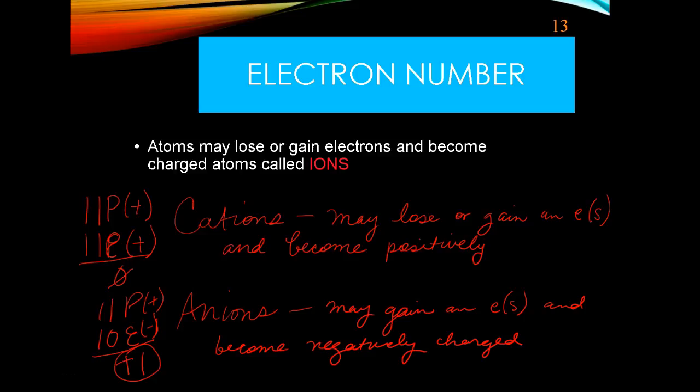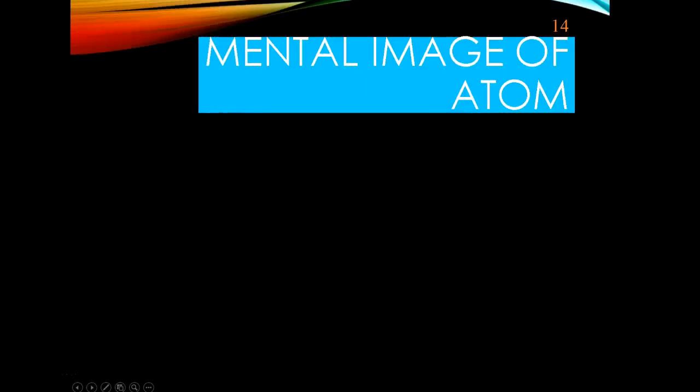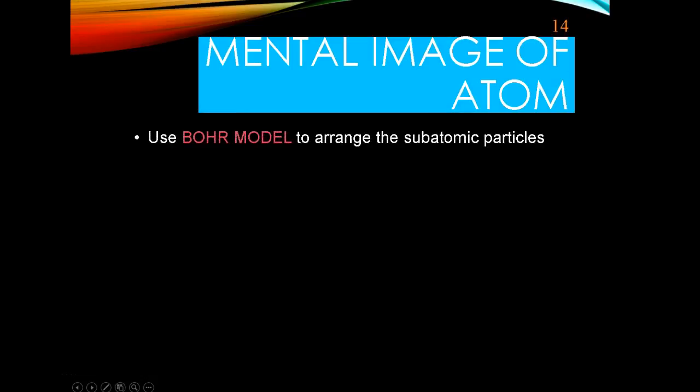All right, so let's look at how biologists get a mental image of an atom. Well, they use what is called the Bohr model in order to get this mental image of the arrangement of those subatomic particles, the protons, the neutrons, and the electrons.